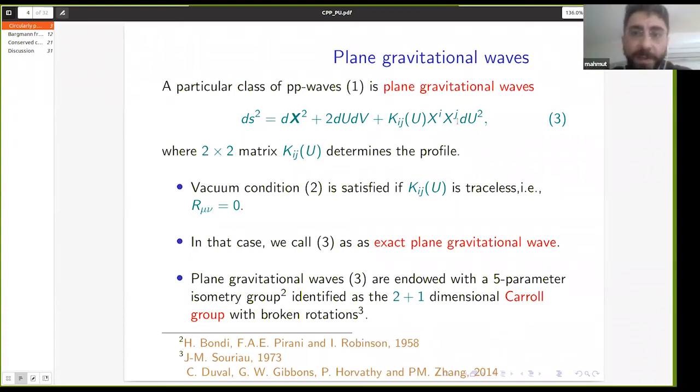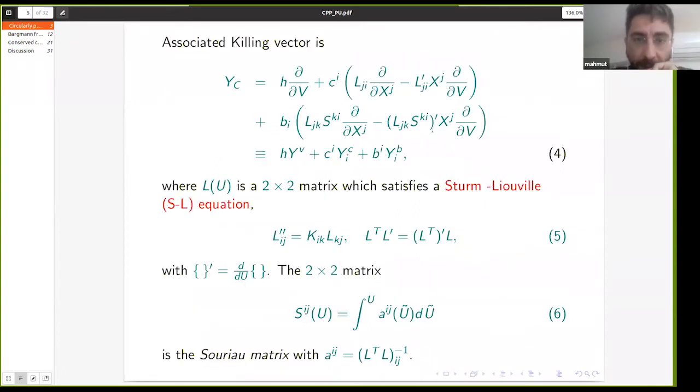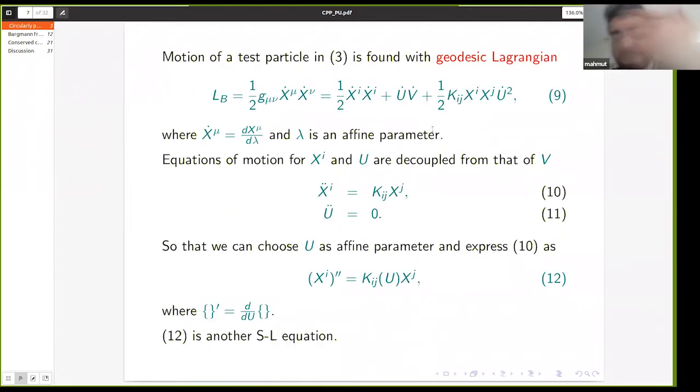Given that K_ij is a 2x2 matrix, you end up with a particular profile. Now I will show you what it is for a definite profile. So, okay, let's move forward. Then I will show you what K_ij is. If we work out a different example, it will help us.